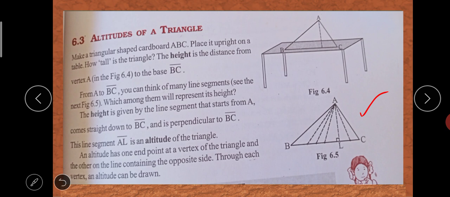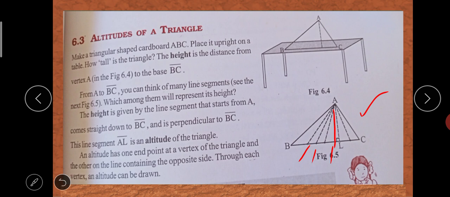Perpendicular means it forms 90 degrees on both sides. Among these lines, AL is the perpendicular line on BC.